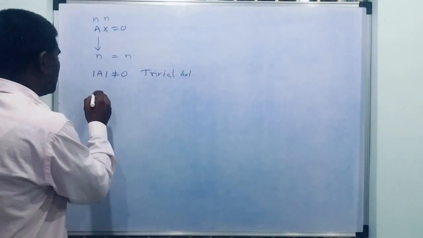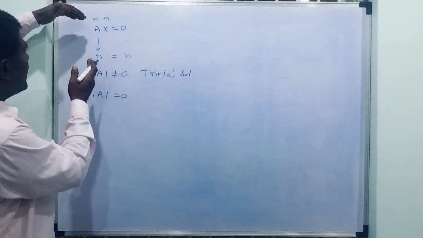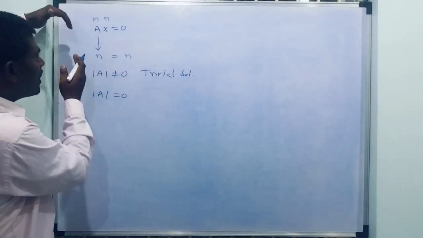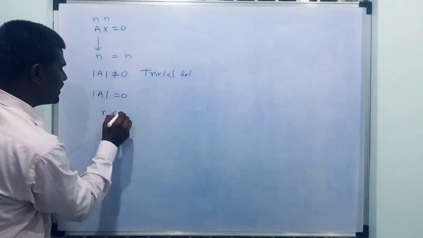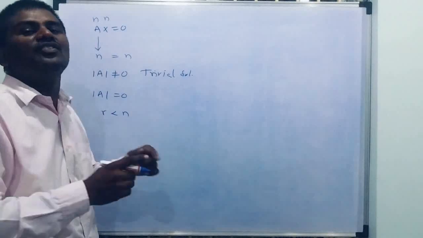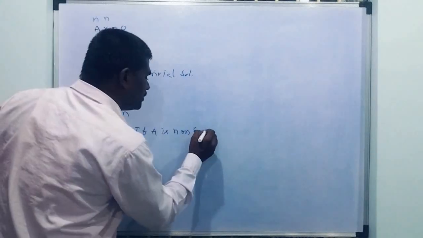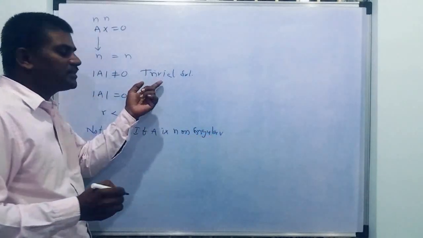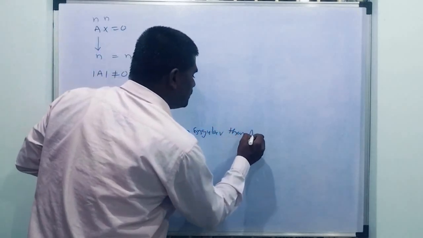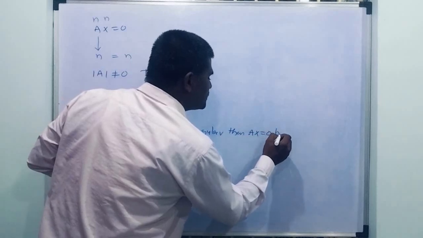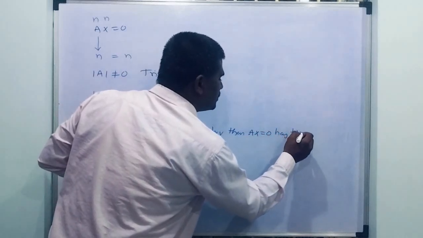If det A is equal to 0, the rank of the matrix is less than n and the number of unknowns is n. So r less than n, the system has infinitely many solutions. If A is non-singular, then Ax equal to 0 has a trivial solution.